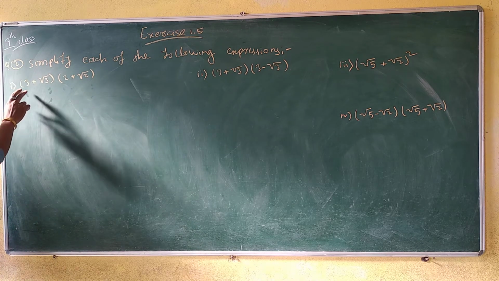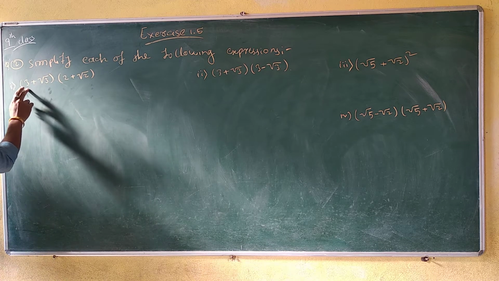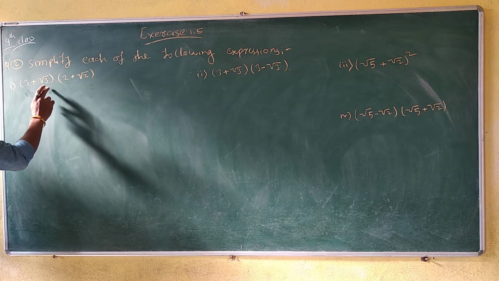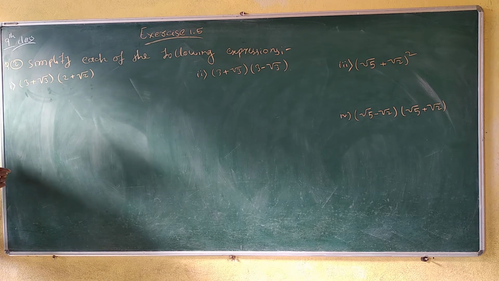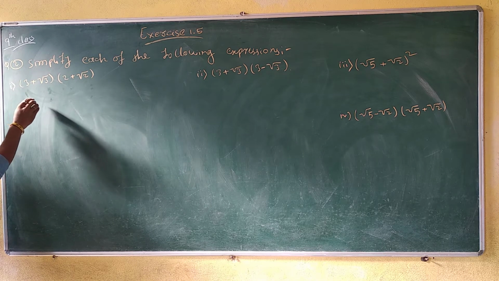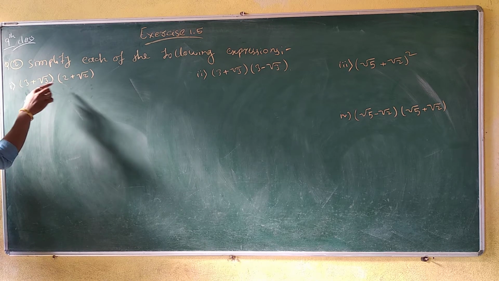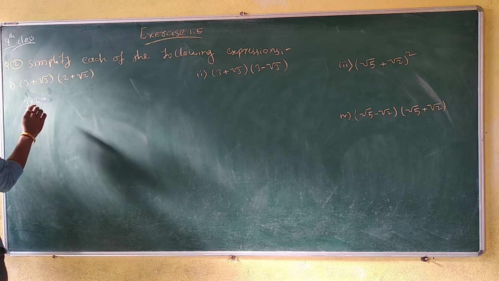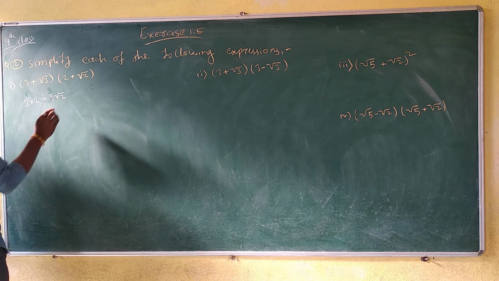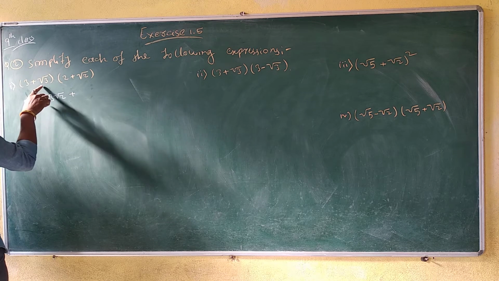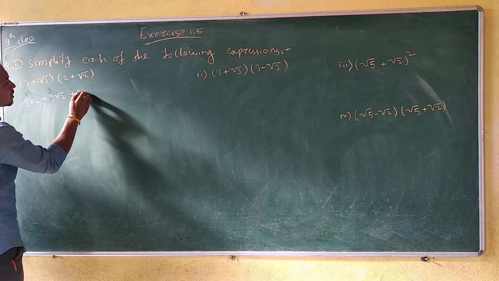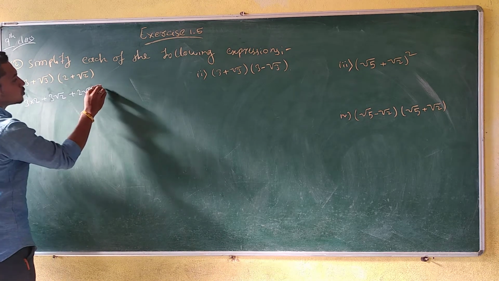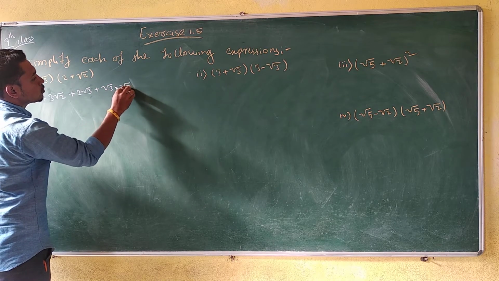So first we have to multiply single terms: 3 into 2, 3 into root 2, plus root 3 into 2, and root 3 into root 2. 3 into 2 is 6, plus 3 into root 2, which means 3 root 2. Next plus root 3 into 2, which means 2 root 3. Next plus root 3 into root 2.